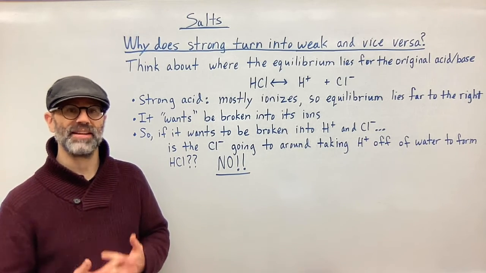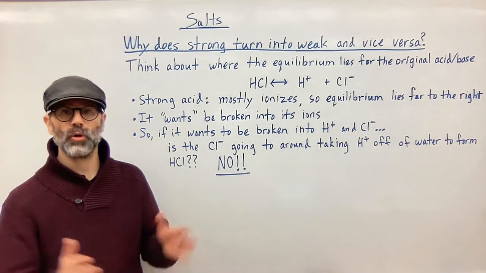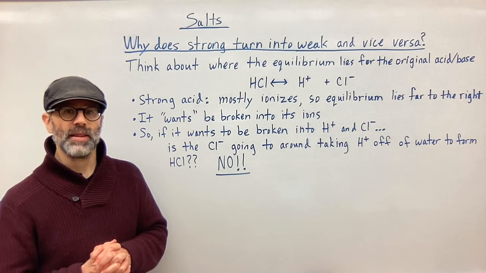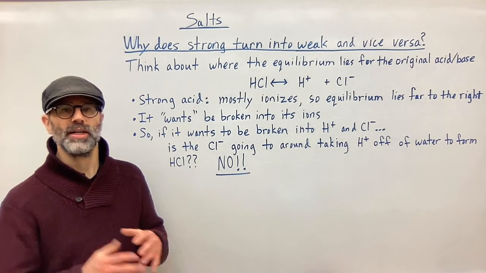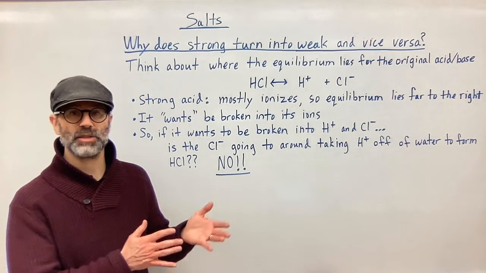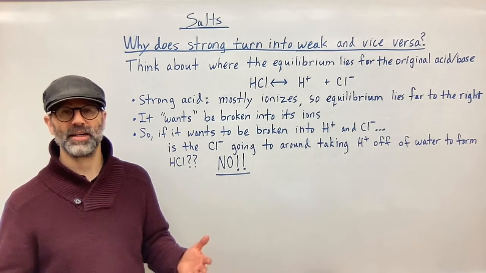So given that this is what HCl wants to do, be broken into its ions, do you think chloride ion is going to go around taking H plus from water to make HCl? No, that's not going to happen.